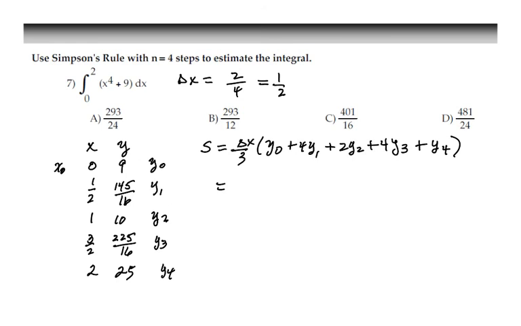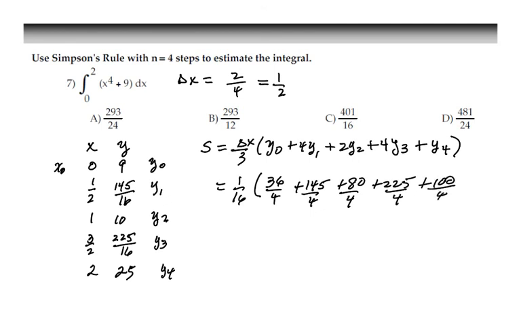Now plugging in for delta x divided by 3, we get 1/6. Plugging in y0, we get 36/4 plus 145/4 plus 80/4 plus 225/4 plus 100/4.